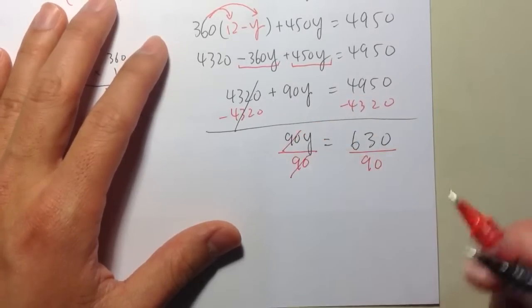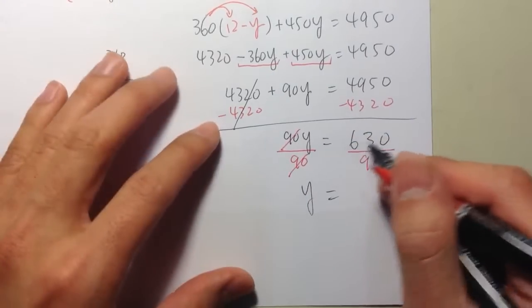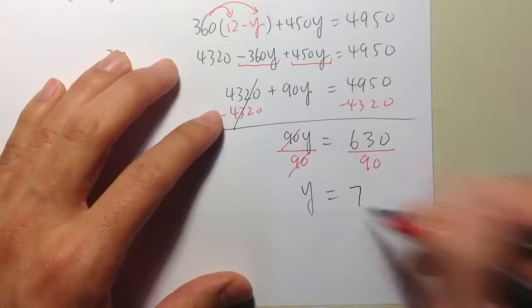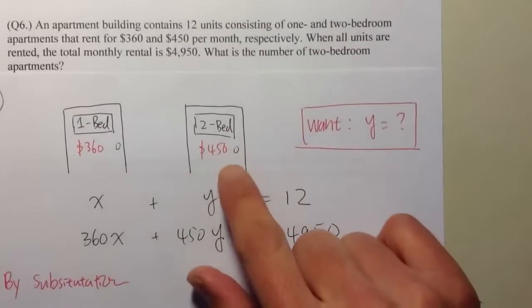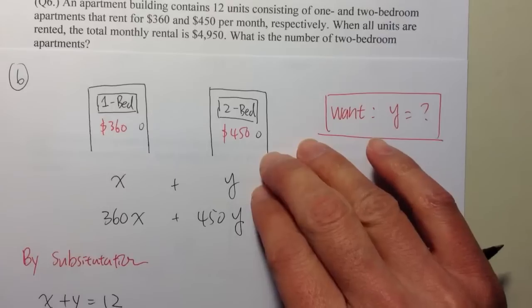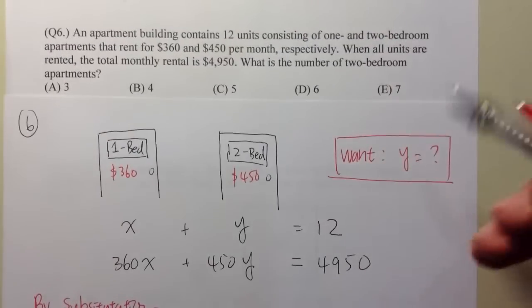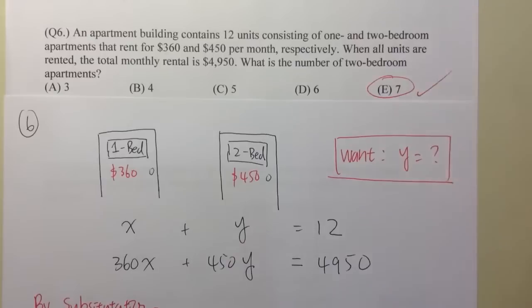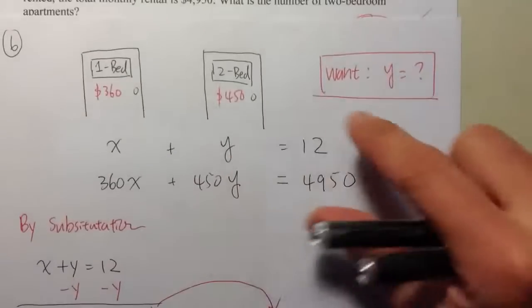These two 90s will cancel out, and I will have y is equal to 630 divided by 90. It's equal to 7. So in other words, we have 7 of the 2-bedroom apartments. So the answer is 7, and that's choice E. And in the next video, I will show you the elimination method to solve this system of equations.